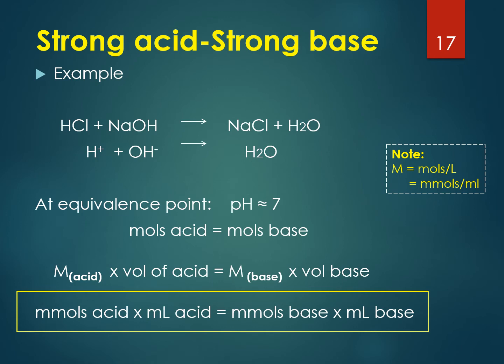Remember, this is stoichiometry, meaning at the equivalence point the amount of the acid is stoichiometrically equal to the amount of your base. So you know the formula that we usually use: the molarity of the acid times the volume of the acid, plus, remember, the mole ratio or stoichiometric ratio between the acid and the base. We simply use basic solution stoichiometry.